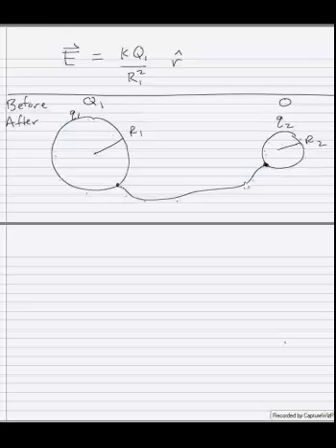And that means that every point on that conductor, remember a conductor is an equipotential surface, must have the same potential. So the potential on the surface of the left sphere, the potential at R1, has to be equal to the potential on the surface of the right sphere.